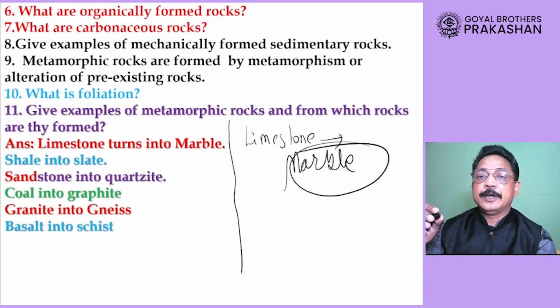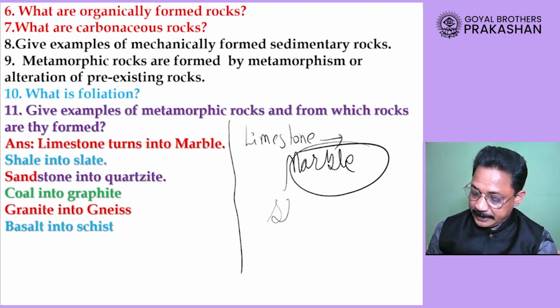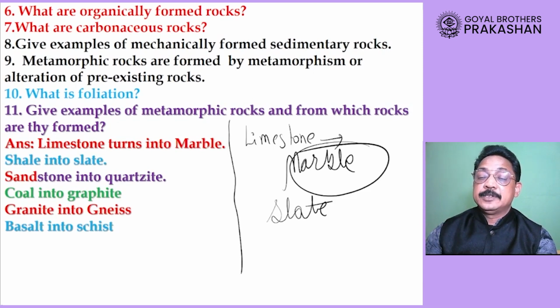Second one, I hope you remember shale. Shale is also known as mudstone. That mudstone, due to metamorphism, gets converted into slate. Third example, sandstone, a sedimentary rock, getting converted to quartzite.